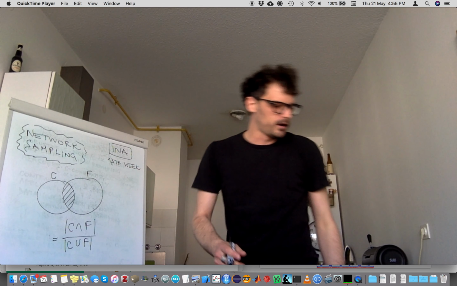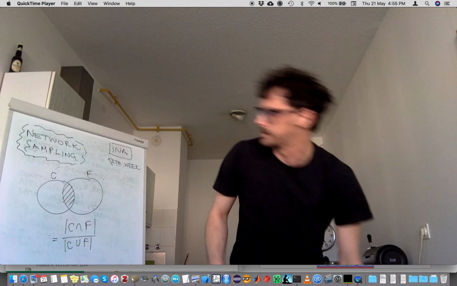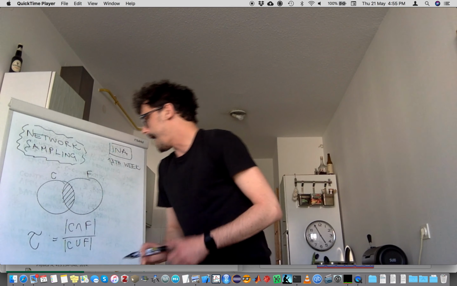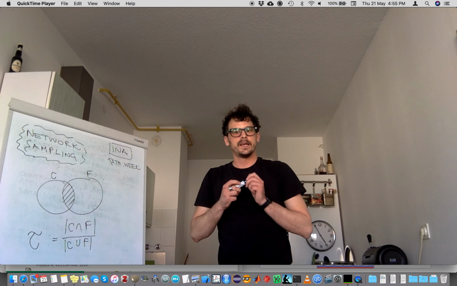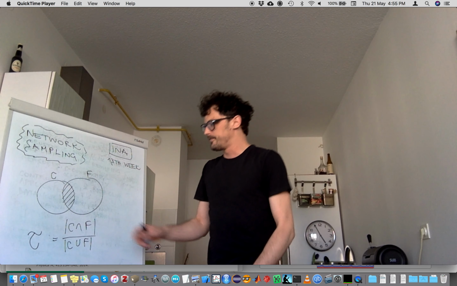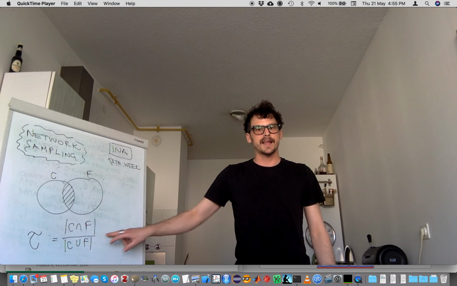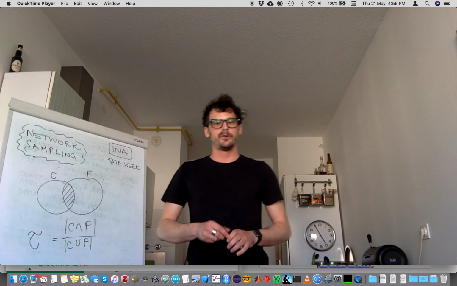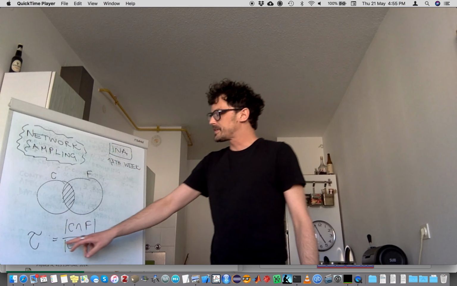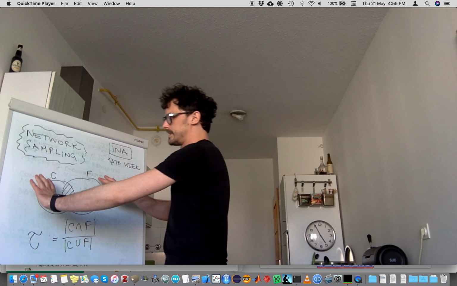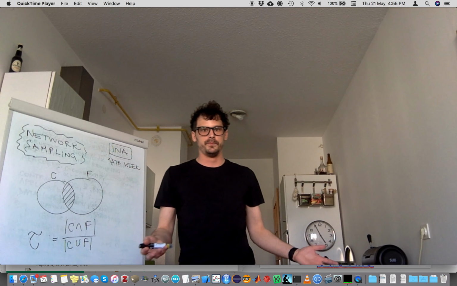And I will denote this value with tau. And why would that be useful? Because if I have a certain cluster and it's focused, I can compute this tau and it tells me something about what kind of groups I have detected. If tau is close to 1, meaning that C and F overlap, I found a community.